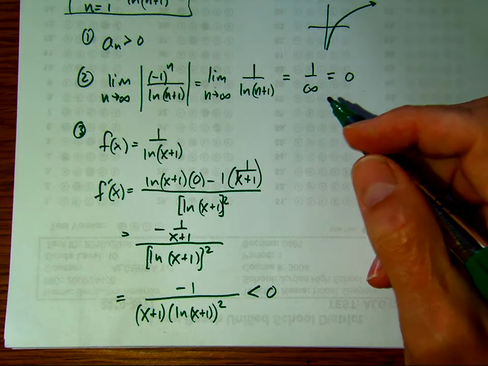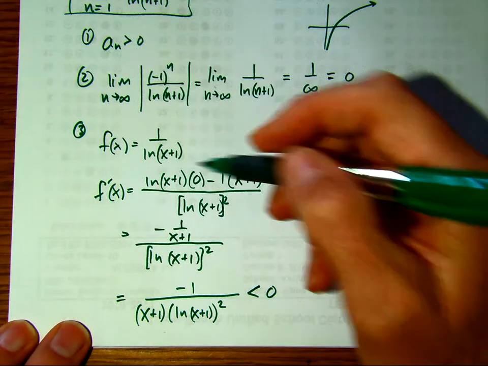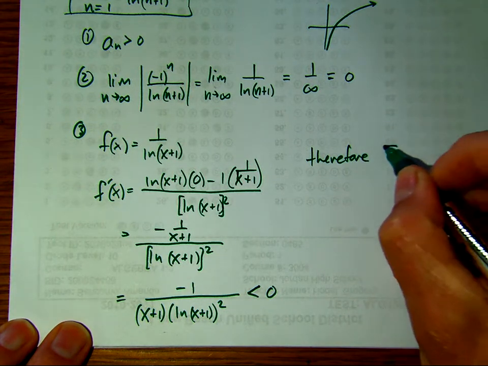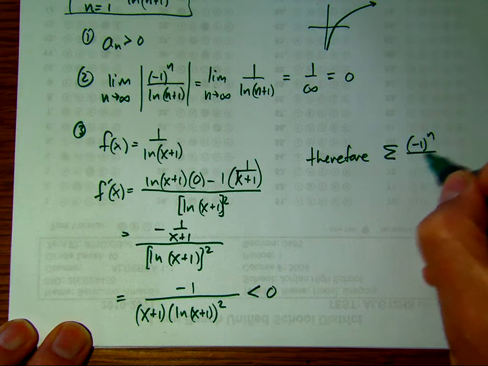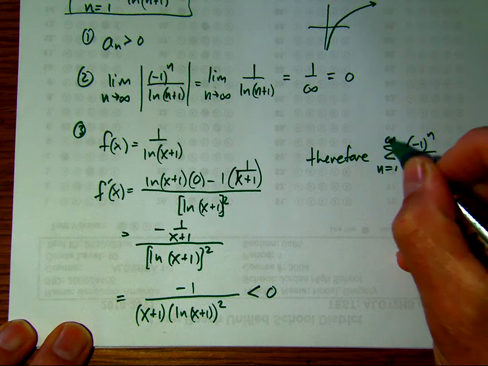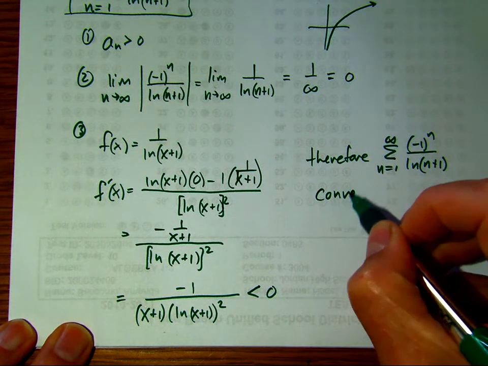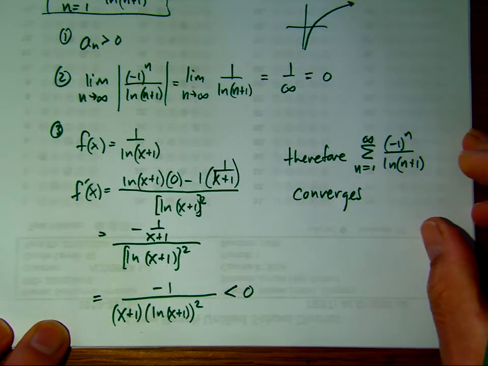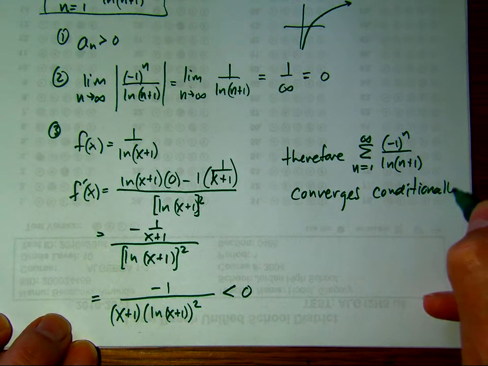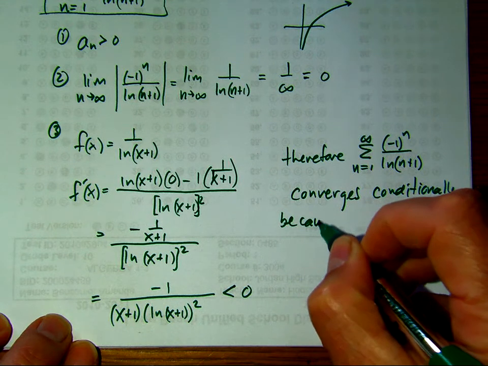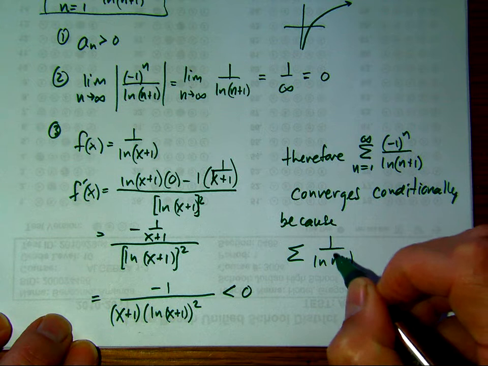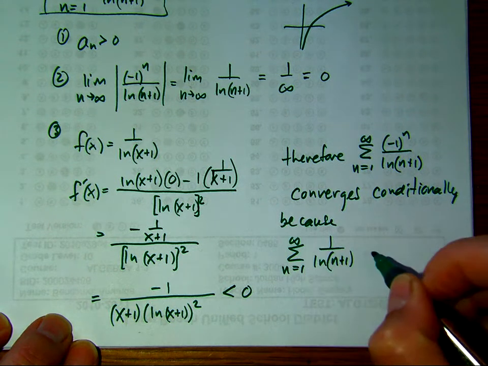All right. And so we can say, based on the test, based on these 3 conditions, therefore, the series converges, and we're going to say conditionally, because if it didn't alternate, this diverges.